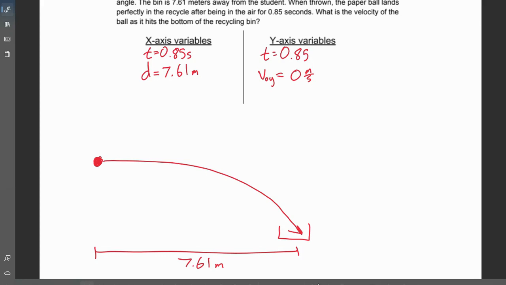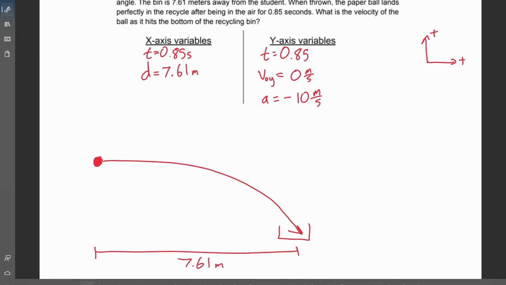So initially it's at 0 meters per second in the y-axis. The other thing we know is our acceleration, negative 10 meters per second squared. If you want to call down positive, sure, go for it. But I'm going to call up positive and I'm going to call right positive for pretty much all horizontal projectile problems.